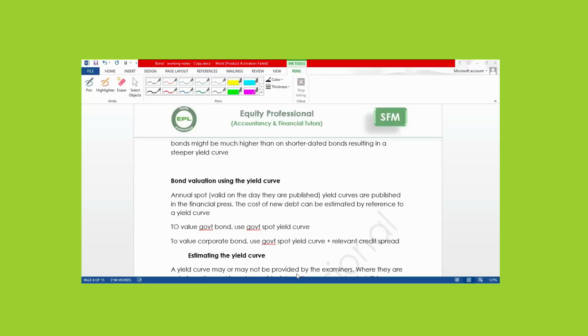For some questions, the examiner will not give you the government spot yield curve. Where you are not given, then you are going to estimate the government spot yield curve.